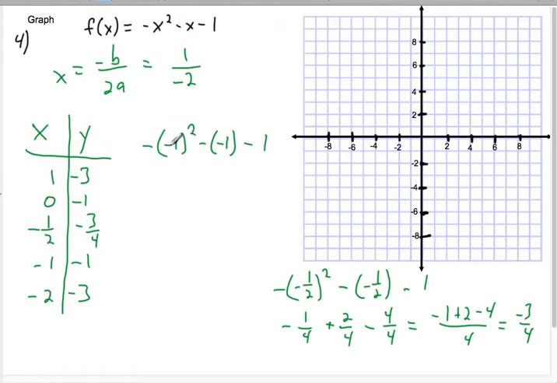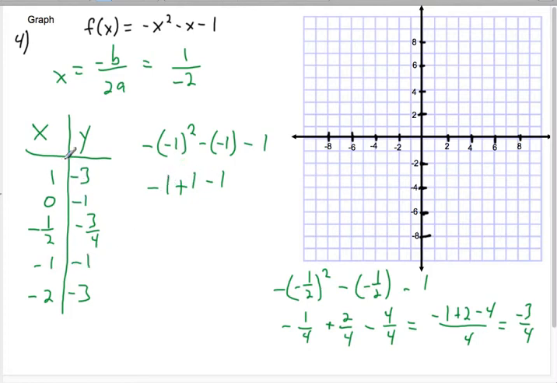So every first term value here is always going to end up negative, because whatever's in here is going to be squared to end up positive, and then this applies to make it negative. So every time, no matter if this is positive or negative, this is going to be negative. So negative 1 squared is 1, and then the opposite of that, plus 1 minus 1. So when we have negative 1, we end up getting negative 1.